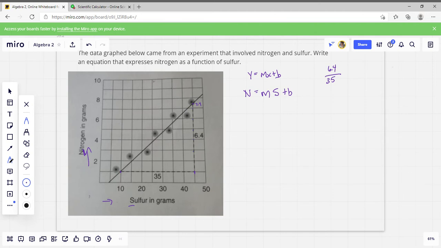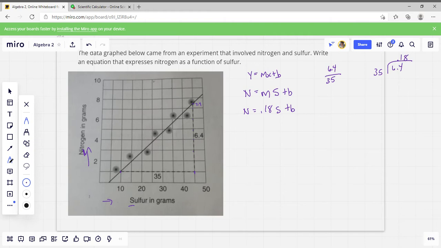So we're going to do 6.4 divided by 35, and that is 0.18. So N equals 0.18 S plus b. Now we have to find our b value, so we're going to pick a number in here that we're going to use.